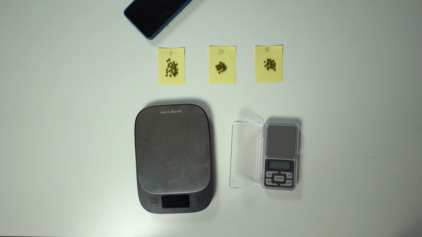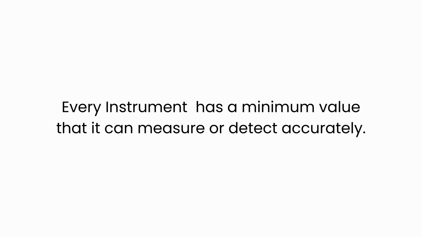For the next experiment, we are going to use weighing scales. But before that, I would like to discuss a concept. Every instrument has a minimum value that it can measure or detect accurately. For a 150 mm ruler, it could be 1 mm. For a mechanical clock, it could be 1 second.